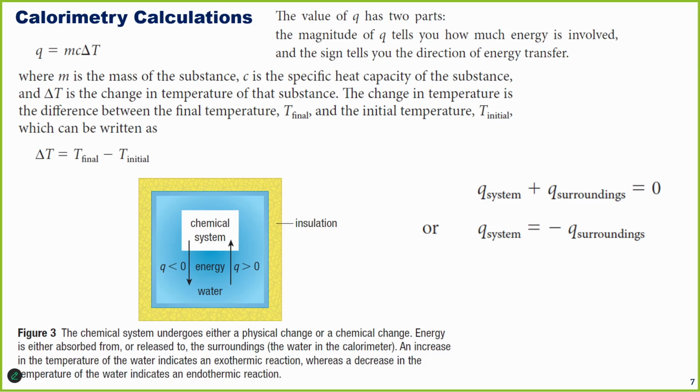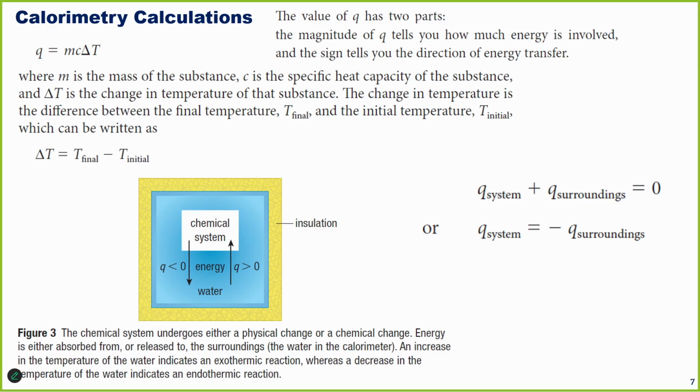Since energy cannot be destroyed, the total thermal energy of the system and the surroundings remains constant. Therefore, the sum of q system plus q surroundings should equal 0, right? These symbols represent equal quantities but with opposite signs, which is shown here on the right side. q system plus q surroundings always equals 0, or you could also say q system equals negative q surroundings.